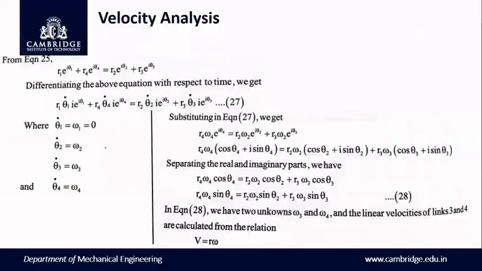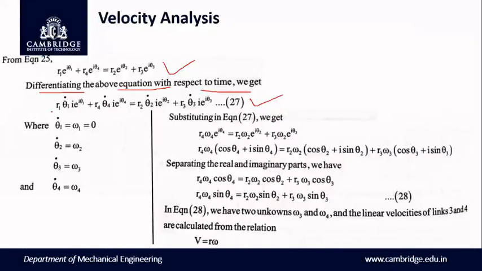For velocity analysis, we need to consider once again the loop closure equation and substitute r e to the power of i theta formula for the vectors. Then this is the position vector we have, the position component. If we differentiate this equation with respect to time, we get equation number 27, that is r1 e to the power of i theta 1 theta 1 dot and r4 theta 4 dot.